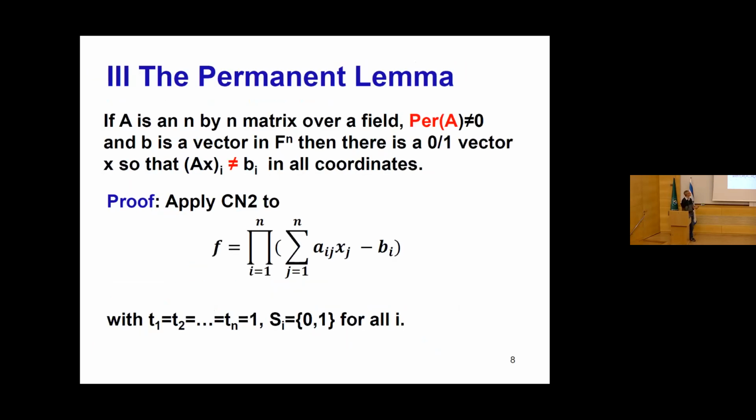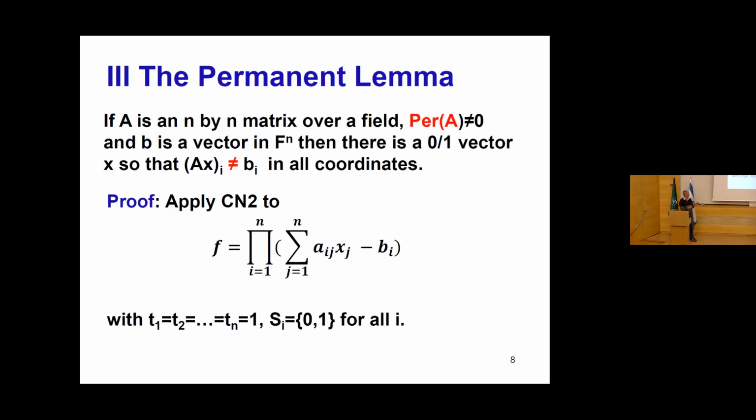Okay. So this was the first example. Let me give you another one, which is also very simple. I call it the permanent lemma. It looks similar to the very basic result in linear algebra that says that when the determinant of an n by n matrix is non-zero, then for every vector of free coefficients, there is a unique solution.